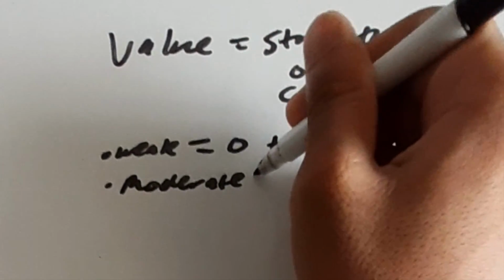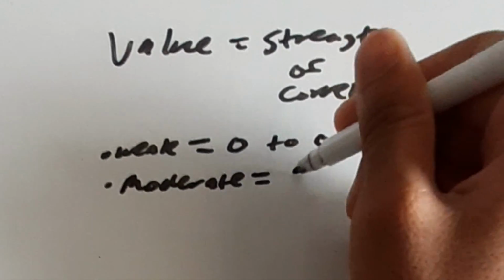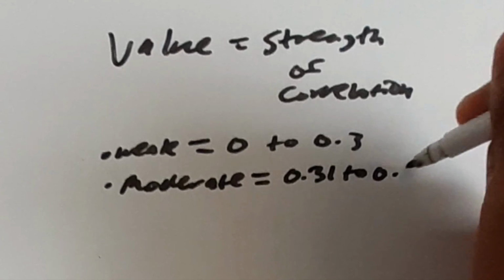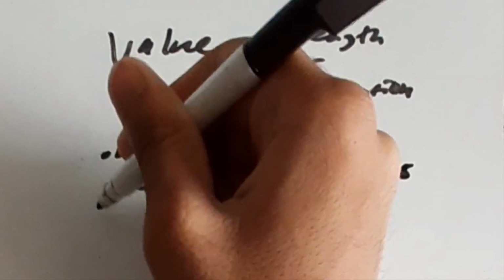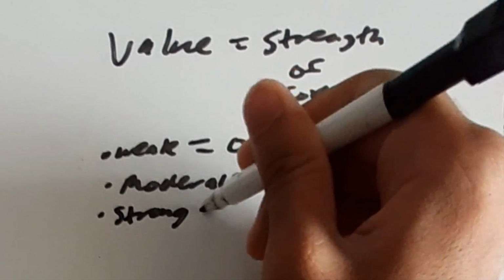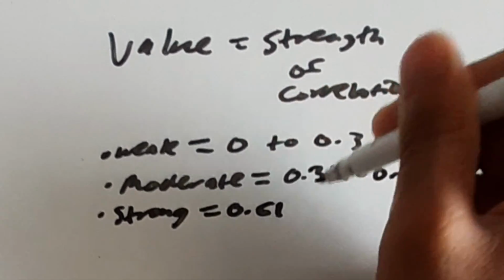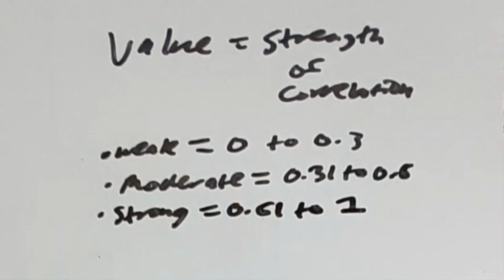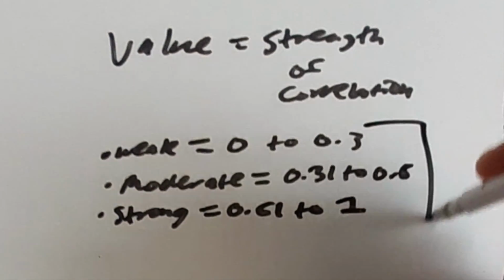A moderate correlation has a value between 0.31 to 0.6, and a strong correlation has a value between 0.61 to 1. The same scale is also used for negative values of the correlation coefficient, only there are negative ranges over here.